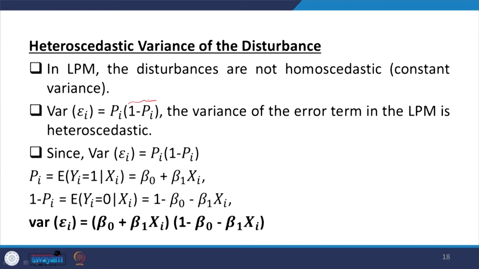But actually in LPM the disturbances are not homoscedastic or of constant variance. Now, what do you mean by this? Let us examine the variance. How to calculate the variance then? As I told you, in Bernoulli distribution it is p times q simply, the probability of success times the probability of failure. So, p times 1 minus p, if you multiply it, we get the variance.